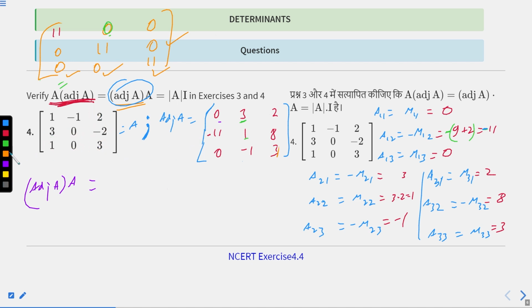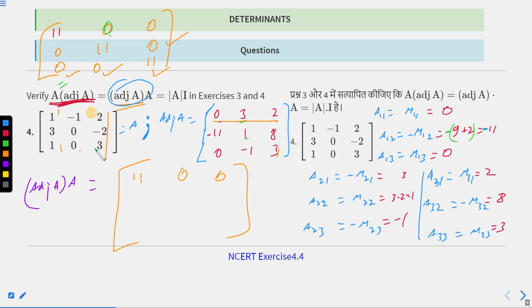So the multiplication will be done in this way. 0 with 1, 0, 3 with 3, 9, 2. This will give me 11. Now this going to multiply with this, 0 with this, so it will give me 0. Now multiply with this. 0 minus 6 plus 6 will give me 0.